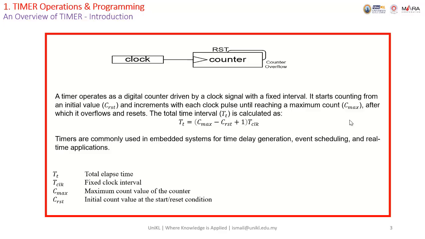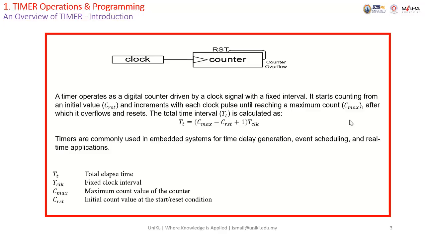Say we have a 4-bit counter. We count from 0000, 0001, 0010, 0011, and so on, up to 1111, which is 15, that is 2 to the power 4 minus 1.